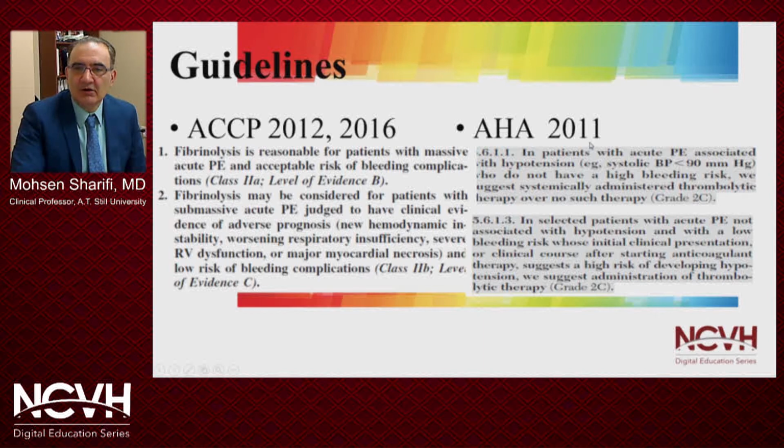If you look at the American Heart Association guidelines, which came out in 2011, a grade 2C is given for massive PE and a similar grade for submassive PE. But again, I'm sure these things would change.